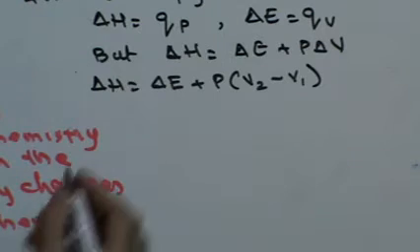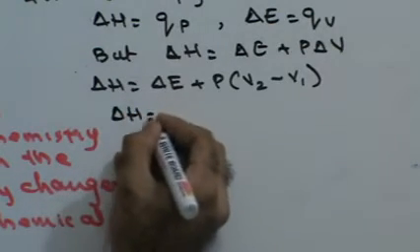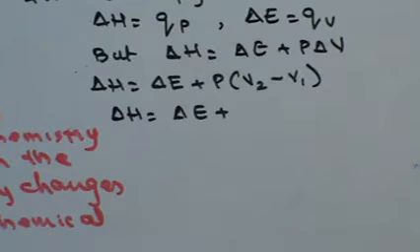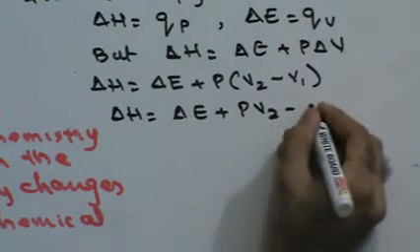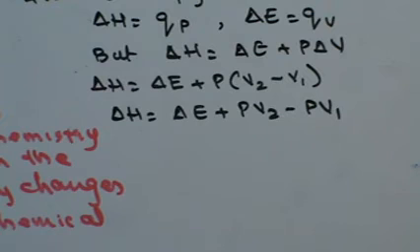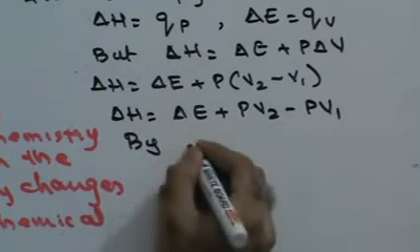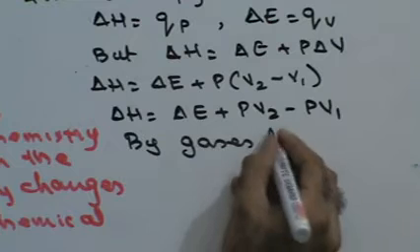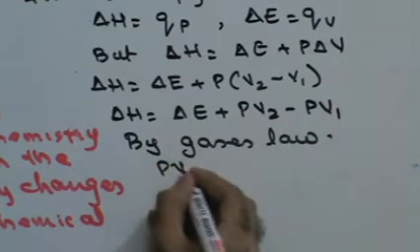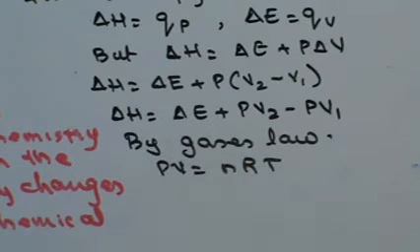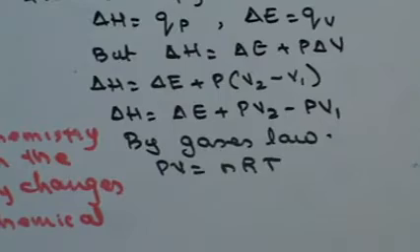So therefore I can say that delta H is equal to delta E plus PV2 minus PV1. But the gas law says that PV is equal to nRT.